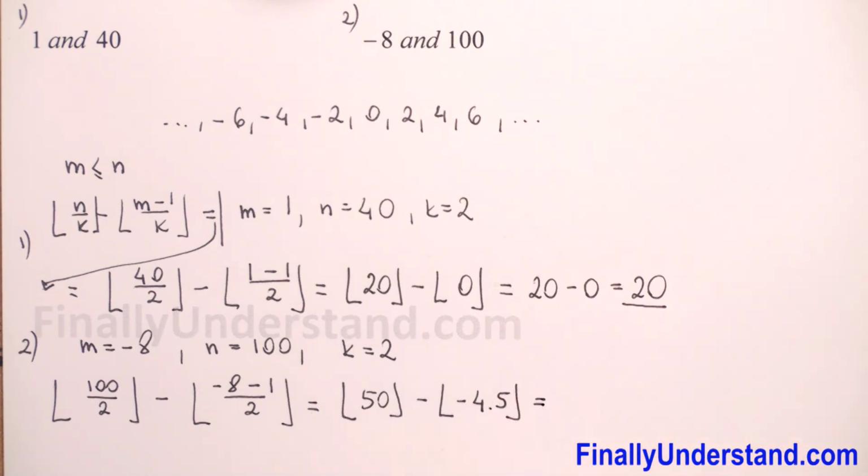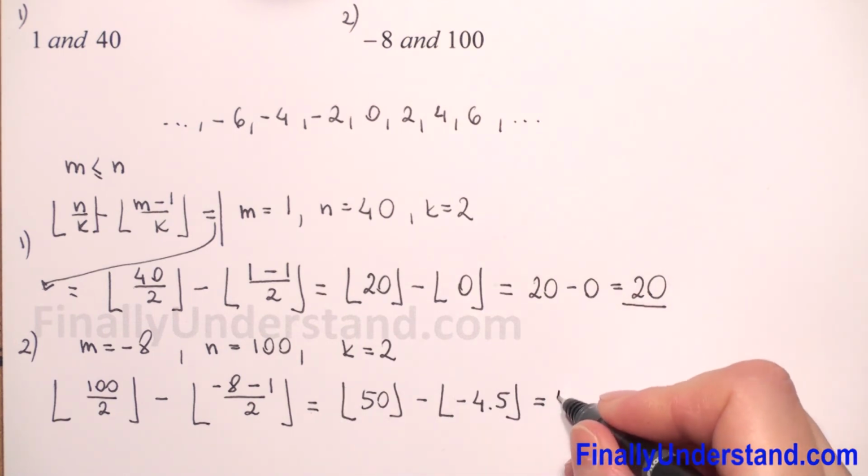Now let me remind you, the floor of a number is the integer less than or equal to this number. First we have floor of an integer, so it will be the same integer, 50.